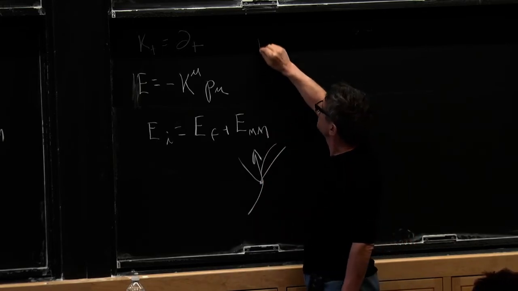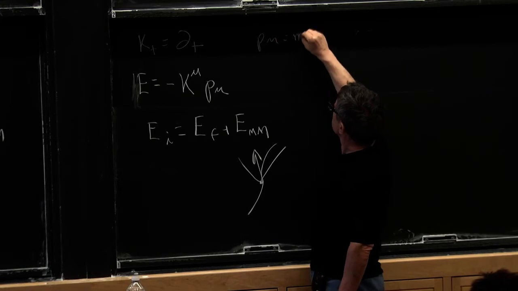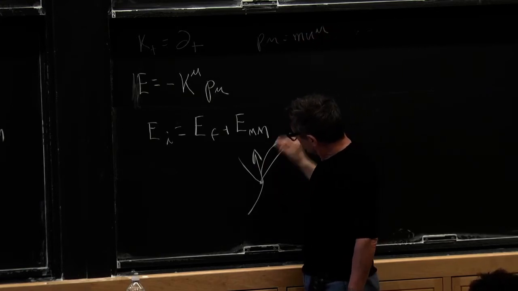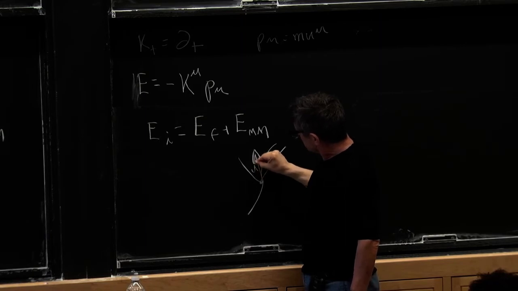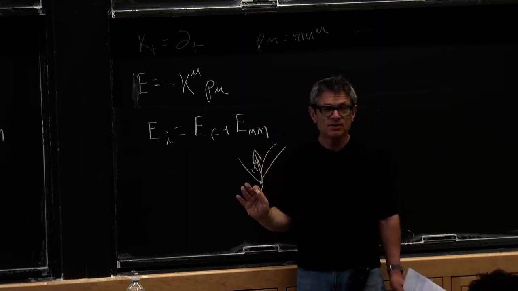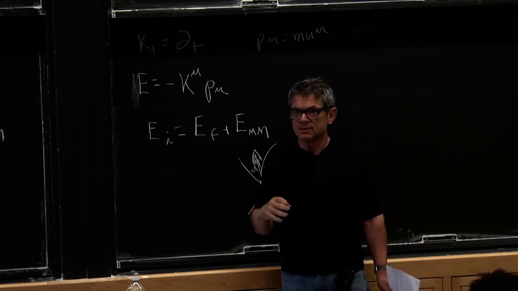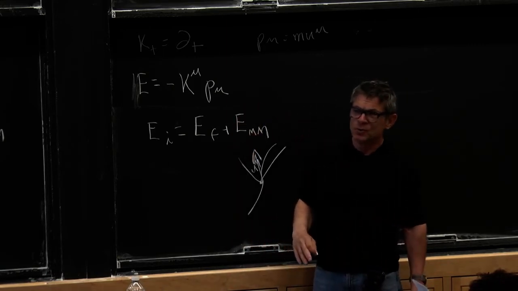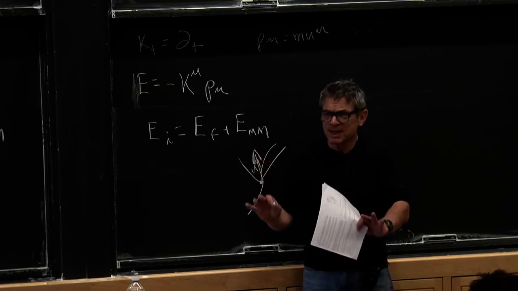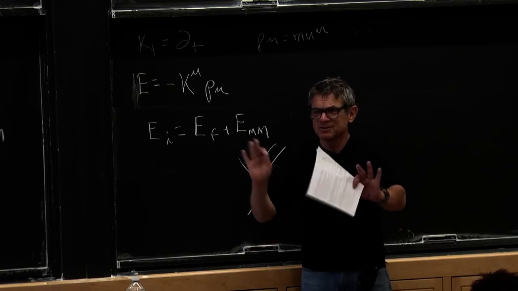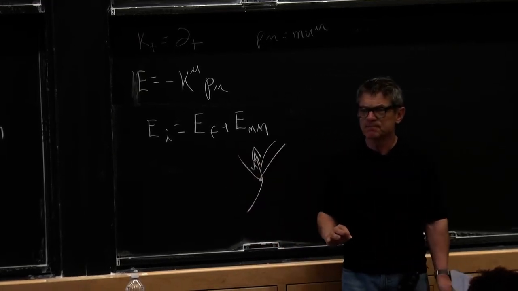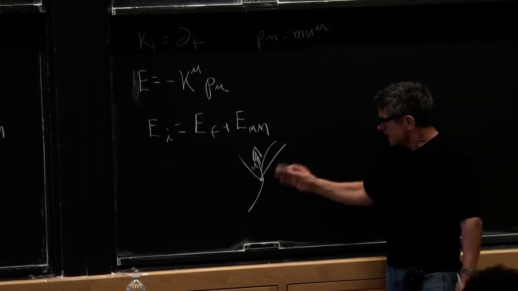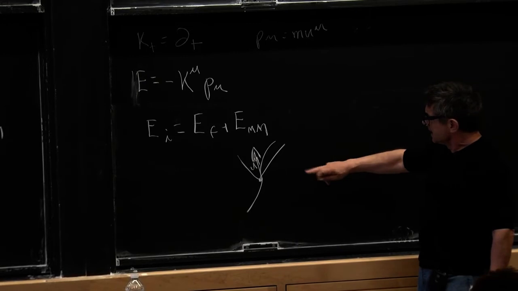So we could write P mu equals m u mu. So the normalized tangent vector, well, whether or not it's normalized, it always lies in the future light cone. Yes? For time-like geodesics, yes. Which the rocket and Matthew McConaughey must always move along. Right. So, yeah, thank you.